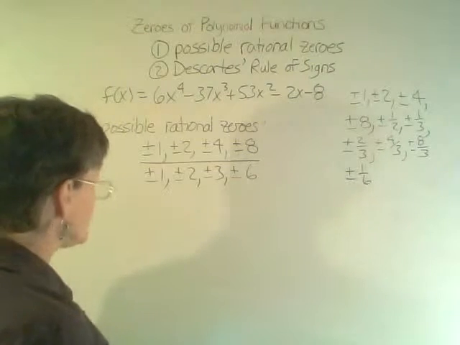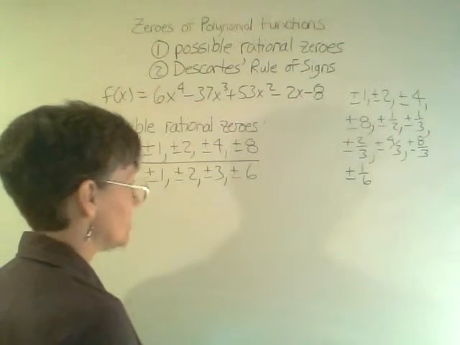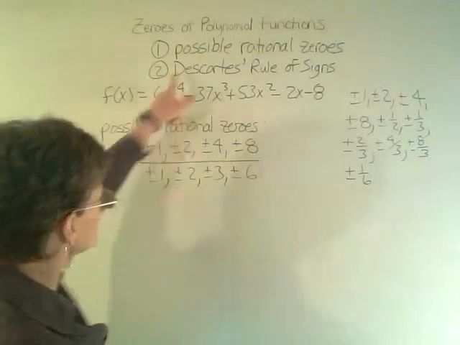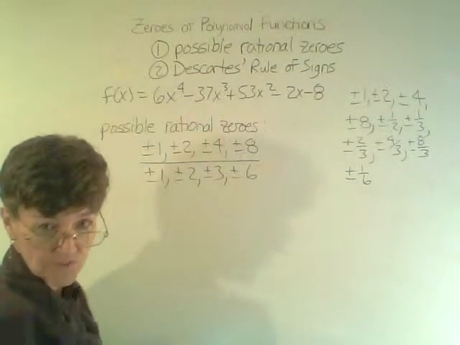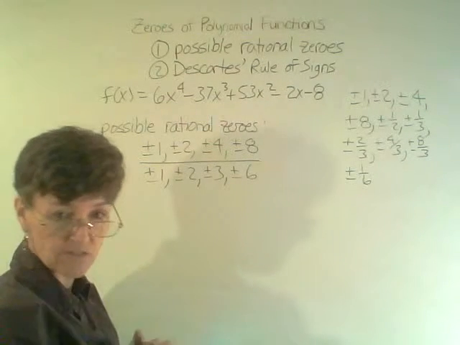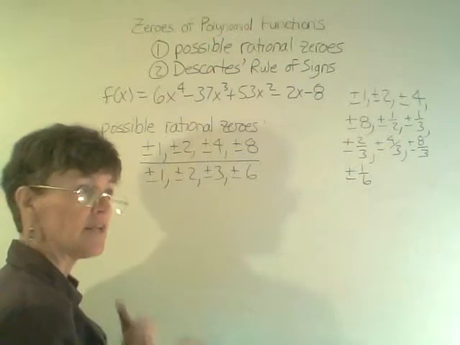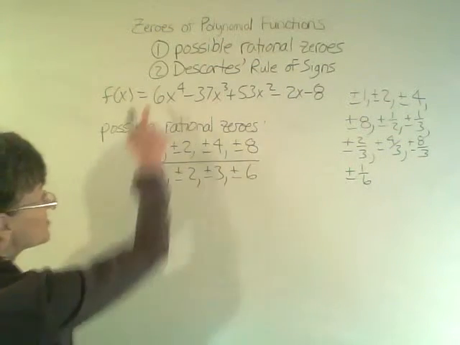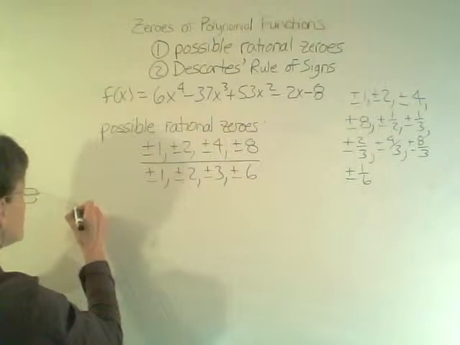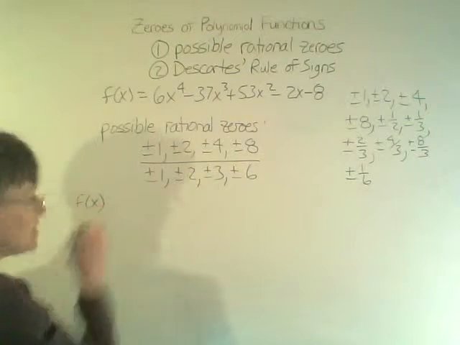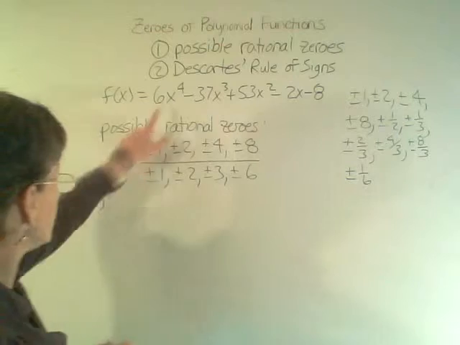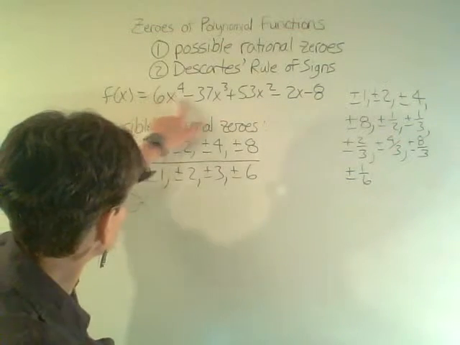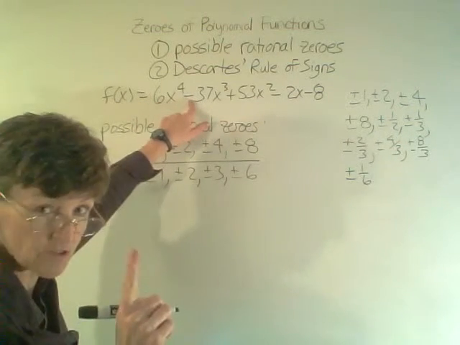All right, well, I want to start eliminating some of these. So I'm going to use Descartes' rule of signs. Now, Descartes' rule of signs tells me how many positive real zeros I can expect and how many negative real zeros I can expect. So first I look at the sign changes in the original function. In the original function for f of x, this is a positive and that's a negative, so there's one sign change.